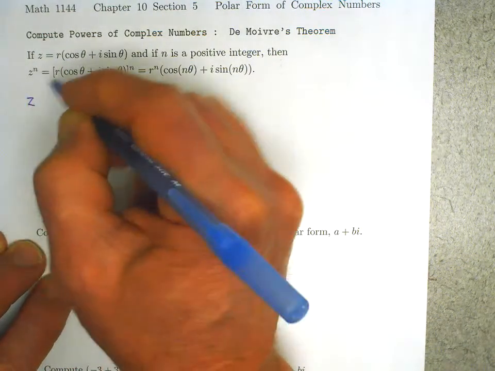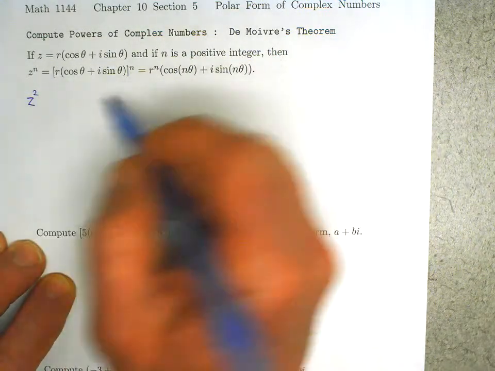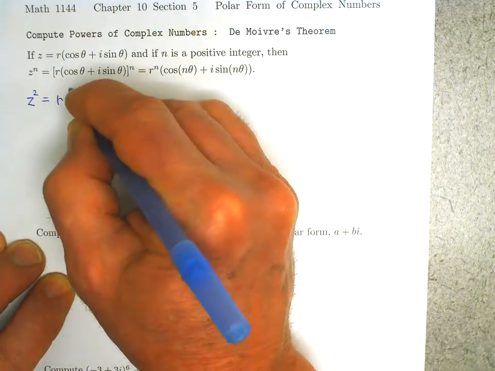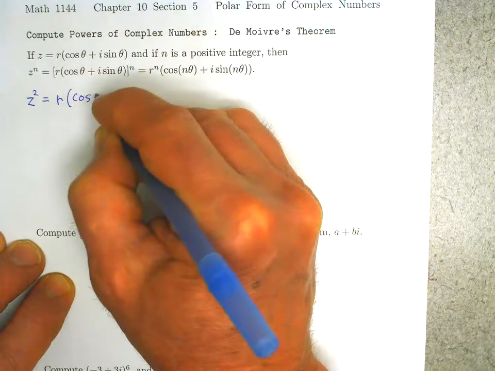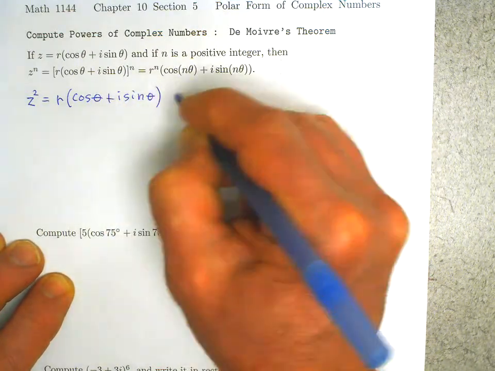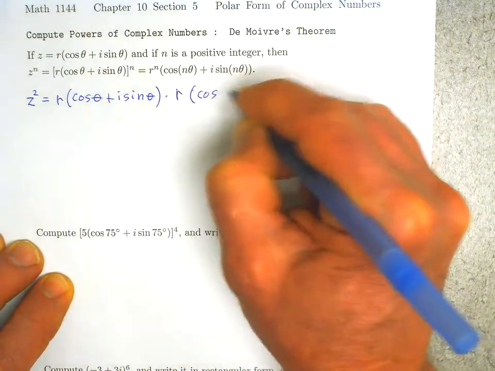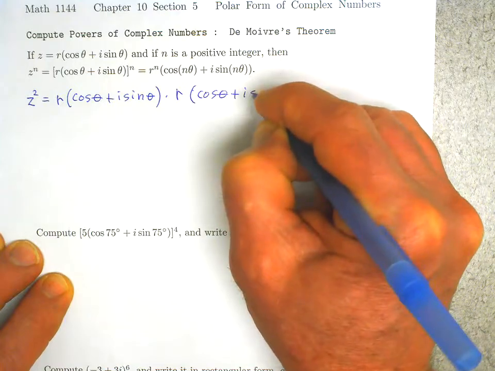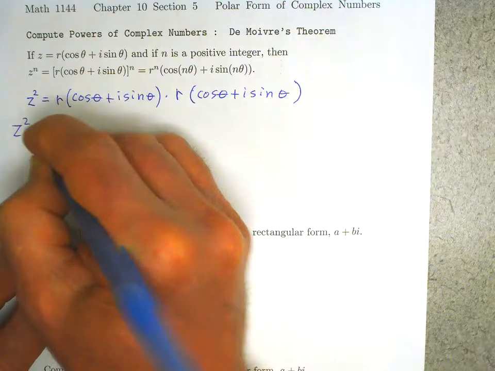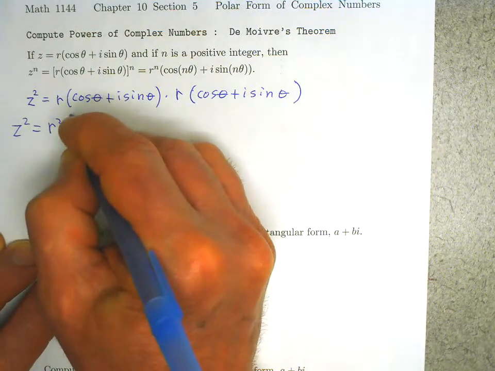So let's first show that z squared satisfies the formula. We can do this directly if we just multiply r times the quantity cosine theta plus I times sine theta by itself. So we get to practice our formulas. So r times r is r squared.